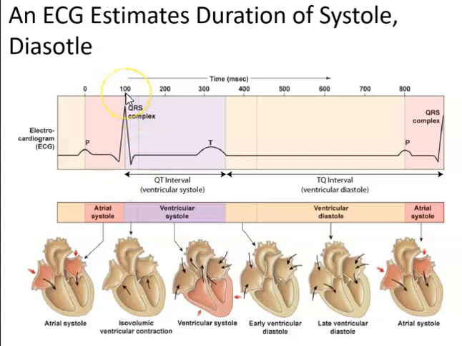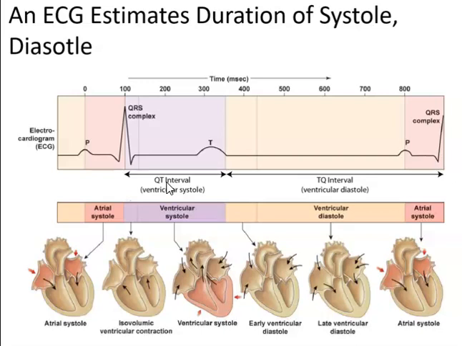It starts at about 100 milliseconds, and then at the end of the T wave, we see that it ends about 350 milliseconds. So when we calculate that, we just get the difference between those 2 numbers. So in this case, the QT interval equals 250 milliseconds, or 0.25 seconds, however you want to record it. But 250 milliseconds, also the same as 0.25 seconds.